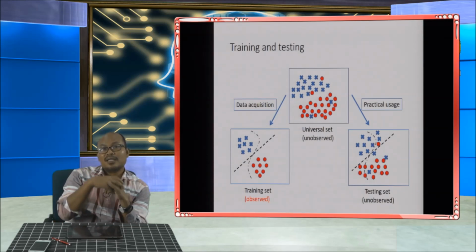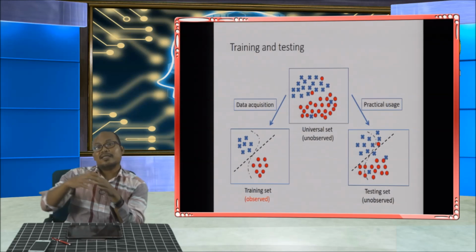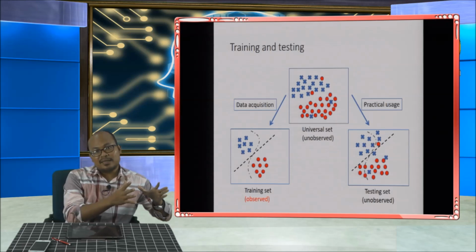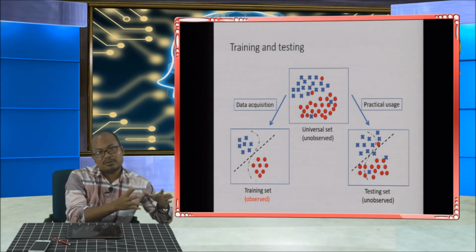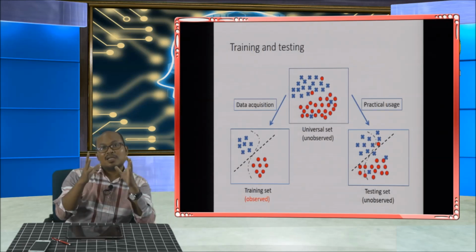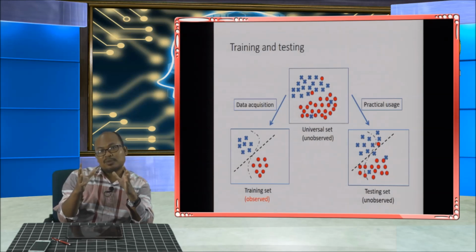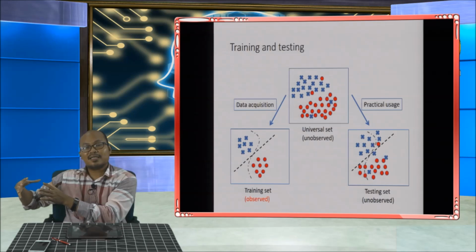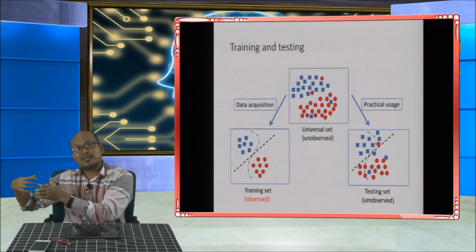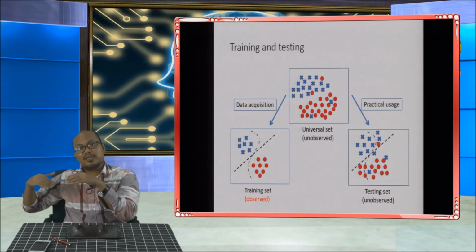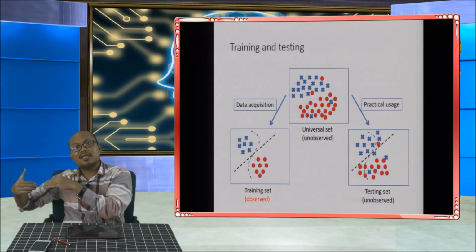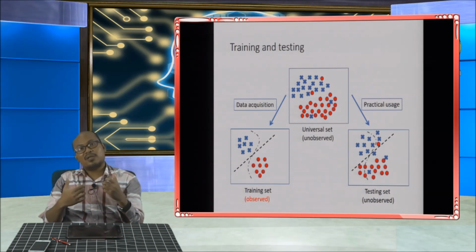Then you have the universal set, you have the unobserved, and you have testing. So you have a training set. The training set is the process where you want to get a feature. The universal set is the real data that you have, and the testing set is where you try to differentiate what you want to classify, based on the training set that you have.